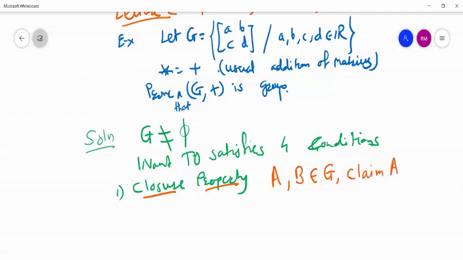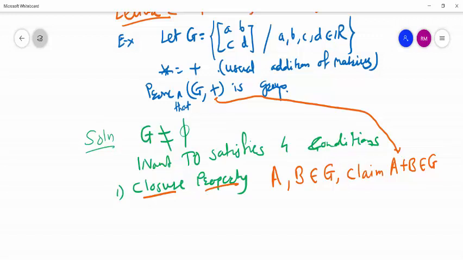To satisfy the closure property, the first claim is A star B, where star is given as addition. This is our star or binary operation, whatever you have given, that must belong to G. We have to check: A is a matrix of 2 by 2, B is also a matrix of order 2 by 2, then their matrix addition, whether it is also a matrix of order 2 by 2 or 3 by 3 or 4 by 4.